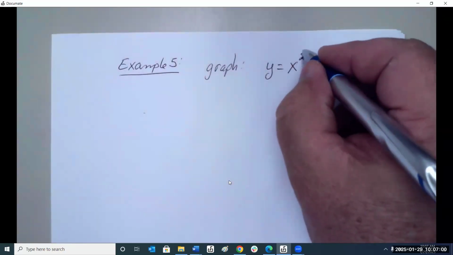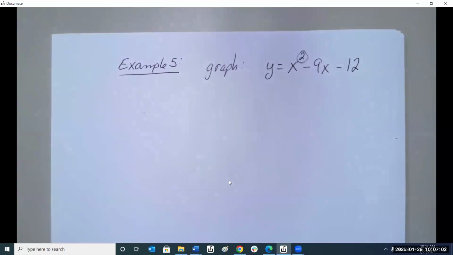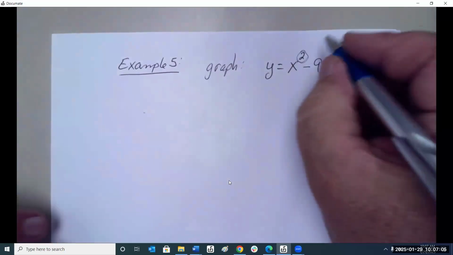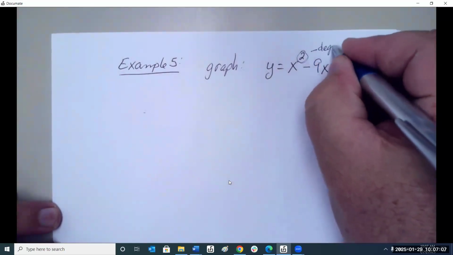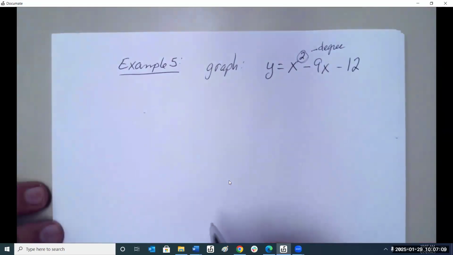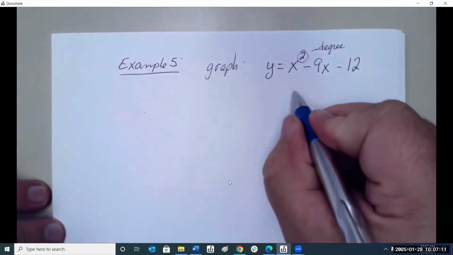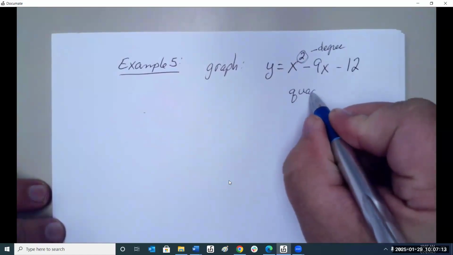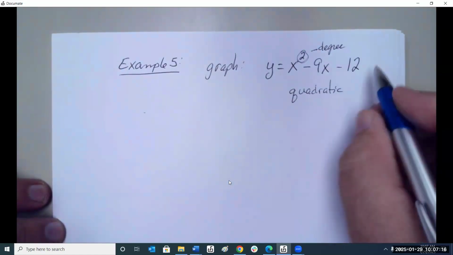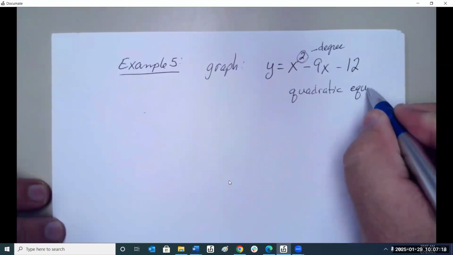This one, because it has a square there, this is what's called the degree. This is called a quadratic equation.